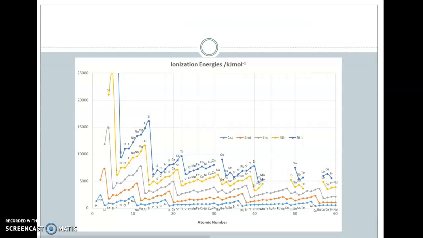If you take a look at this graph, it represents ionization energies in kilojoules per mole over here, and atomic number. So this one is kind of interesting because we see spikes and then a gradual increase and then it drops down, and a gradual increase and then it drops down.